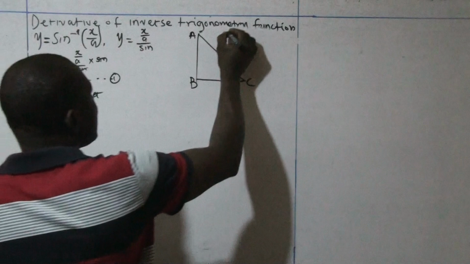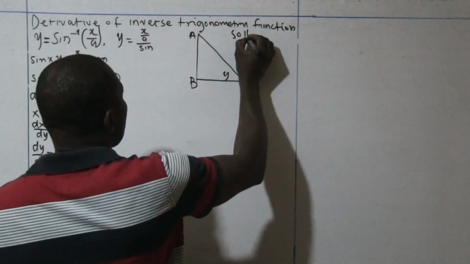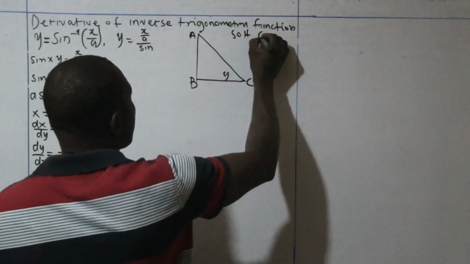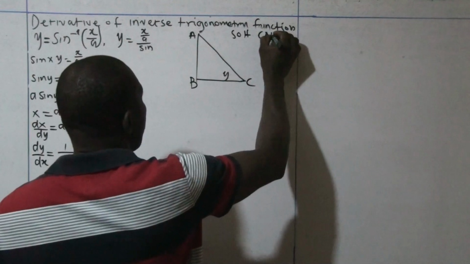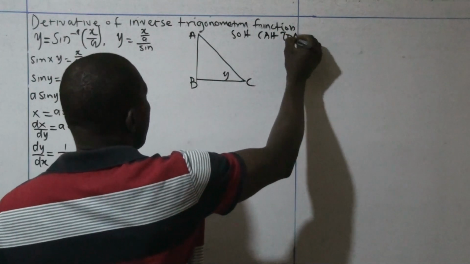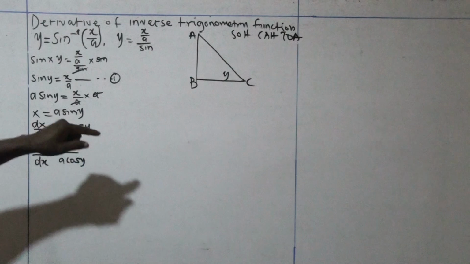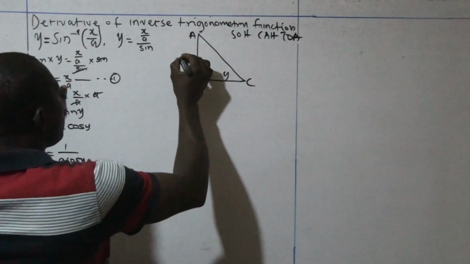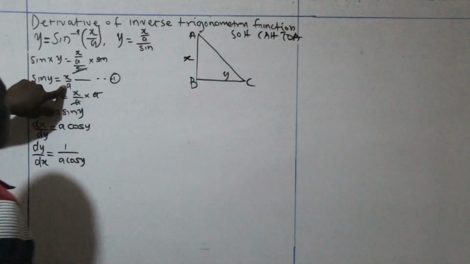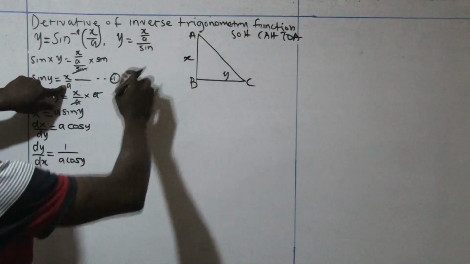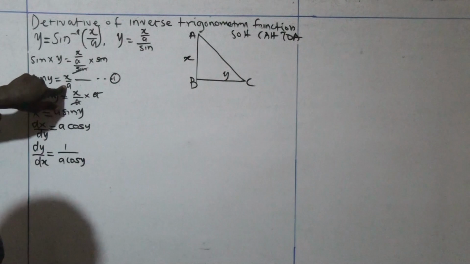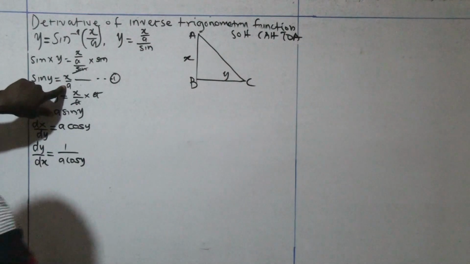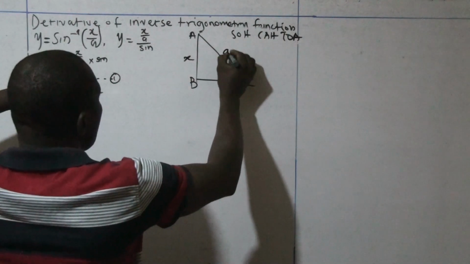Sine is opposite over hypotenuse, SOHCAHTOA. So sine y is opposite over hypotenuse. The opposite of this angle is AB, while the hypotenuse is AC, which is a.